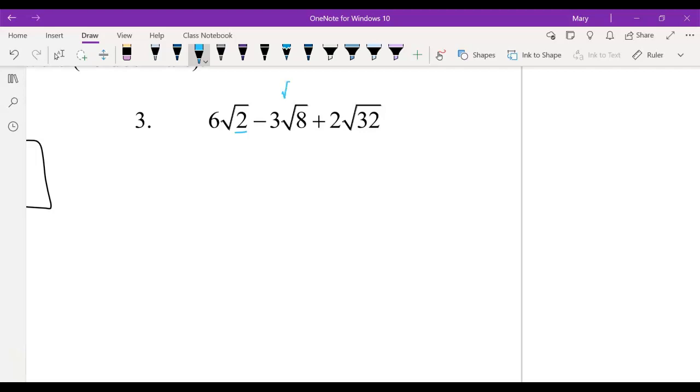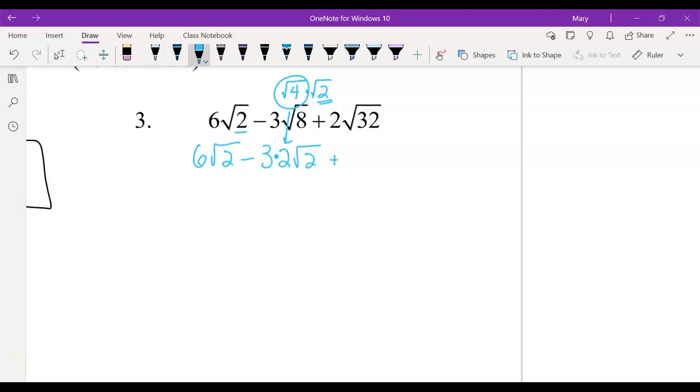Root 8 is the same thing as root 4 times root 2. And we know the square root of 4 is 2. So while we leave the first one alone, the next one is 3, and then the square root of 4 is 2, and then we leave the root 2 that was not a perfect square inside the radical.